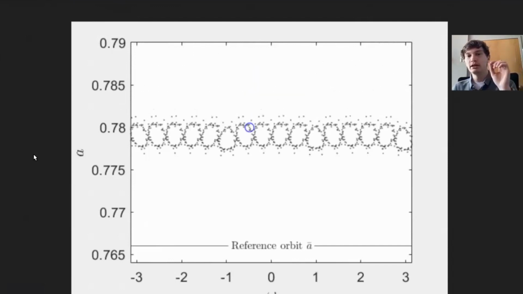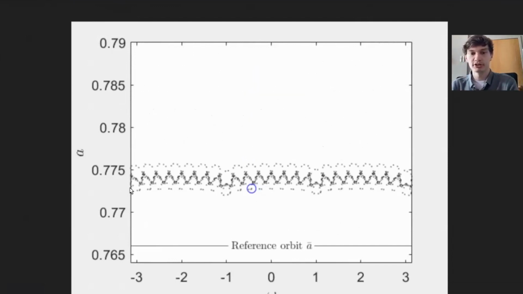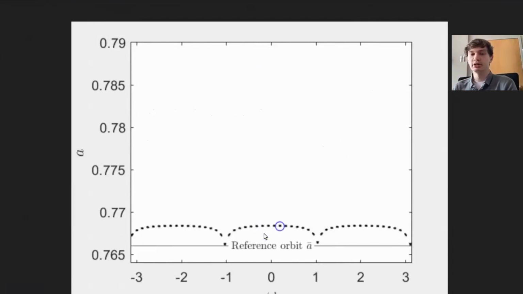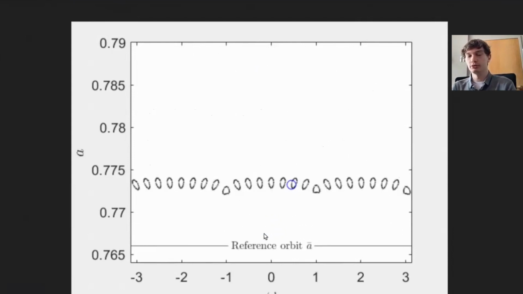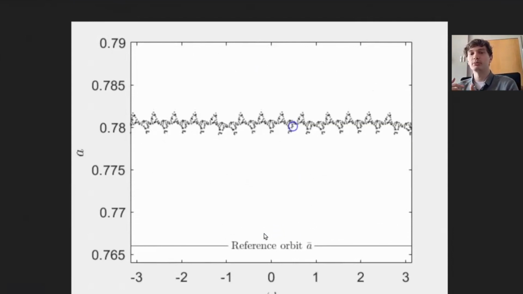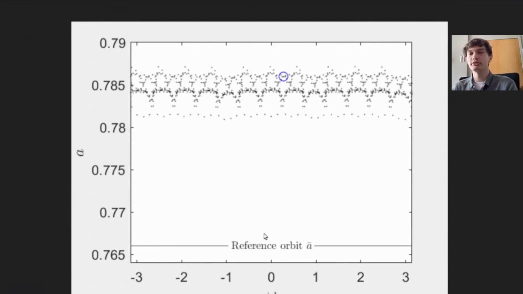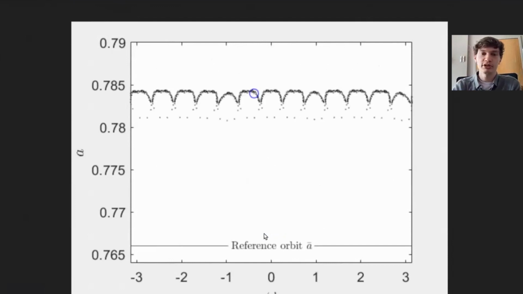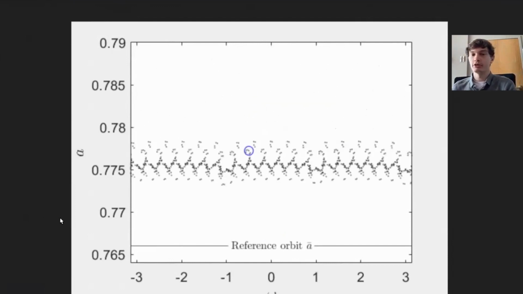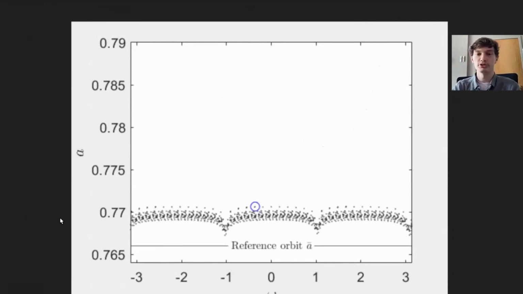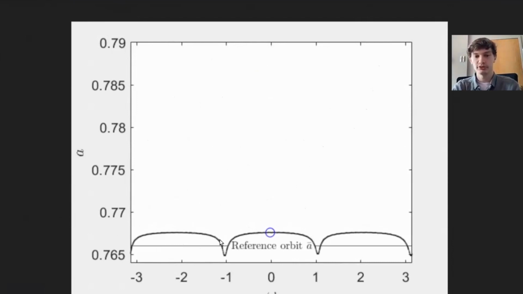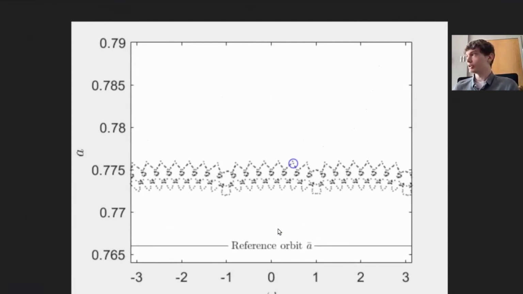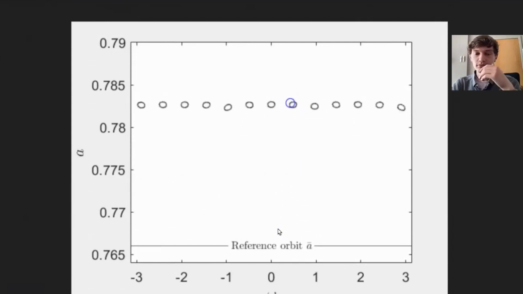This blue circle is an initial condition, and we are looking at trajectories of the Keplerian map out to 1,000 iterates as a function of the initial condition. Pretty much everywhere these are not functions. There's a lot of chaotic and quasi-periodic motion, but with just the right initial conditions, you get a graph that is our rotational invariant circle. That's what we're looking for.